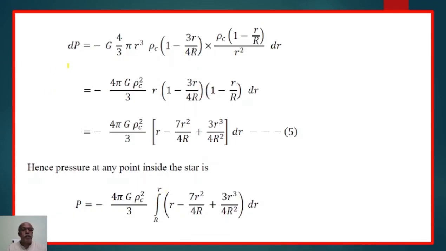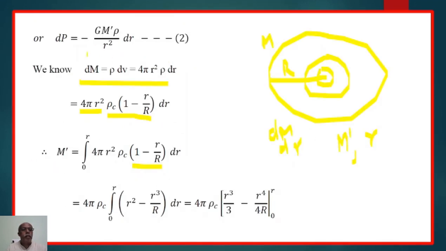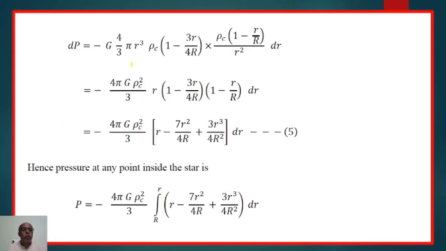Now we have dP equals minus G m dash rho by r square into dr. So it is minus G, m dash is this, rho is this, by r square into dr. Now simplifying, we get minus 4 pi G rho c square by 3 into r square.